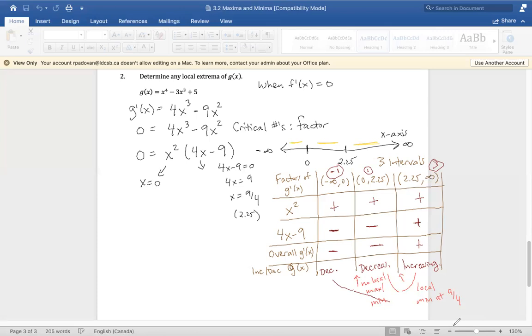So it said determine any local extrema. I could go ahead and get the point then. So let's get the coordinate point now. So all I do is sub in, so therefore this was a local minimum.